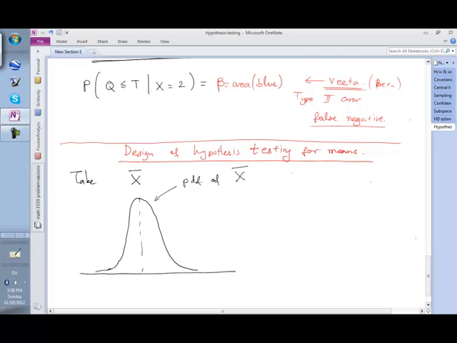The characteristics are that the mean of the sampling distribution is equal to the mean of the random variable X, for which I'm testing my hypothesis, and the standard deviation of x bar is equal to the standard deviation of X divided by the square root of N.